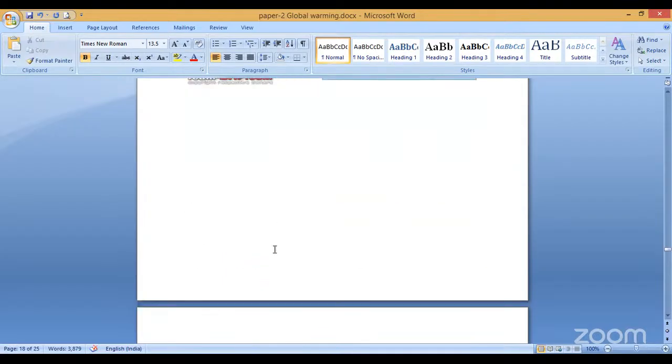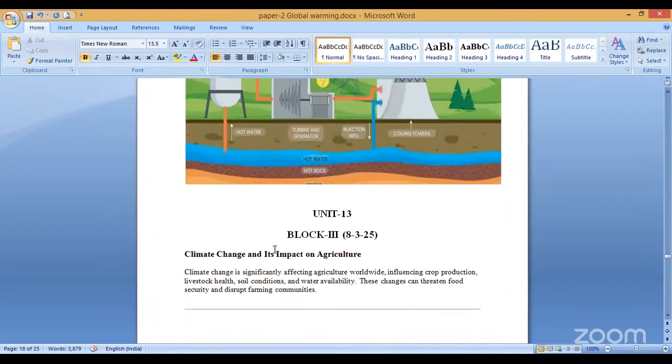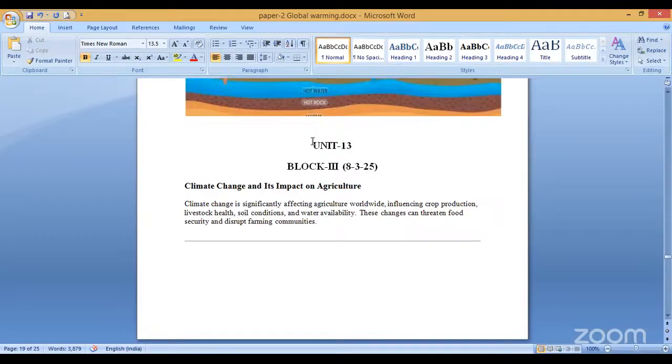Then coming to today's class, this is unit 13, which is included under Block 3. The topic name is climate change and its impact on agriculture, right?